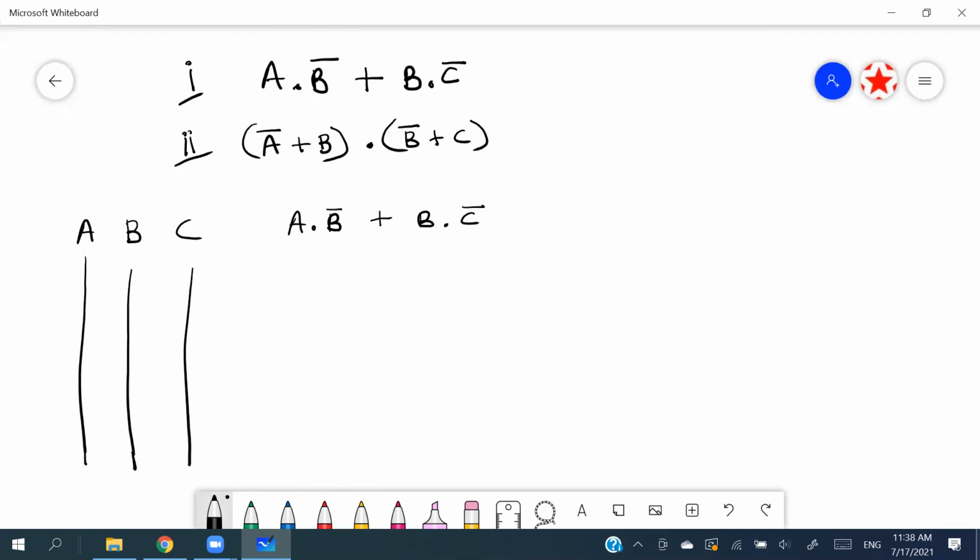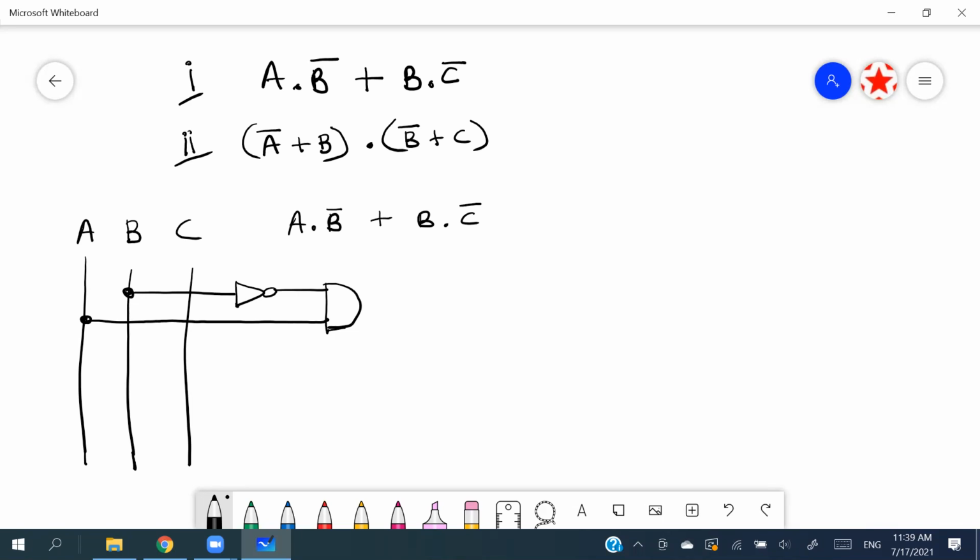So first I'm going to draw this with the basic gates, so you can have the mapping with this. If it is going to be A dot B bar, hold on, first let's go with the B bar part. So first I'm making B bar, then I'm taking a line from A through the AND gate, and this is B dot C bar.